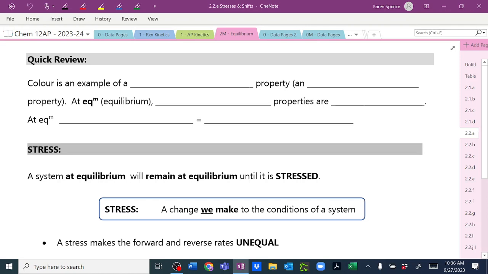Well, let's see. On page 18, there's a box that says dynamic equilibrium, and it says 1 and 2. So let's take a look at those. That's 2.1d.